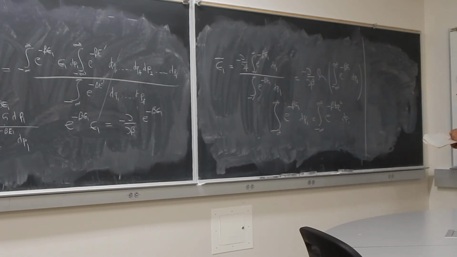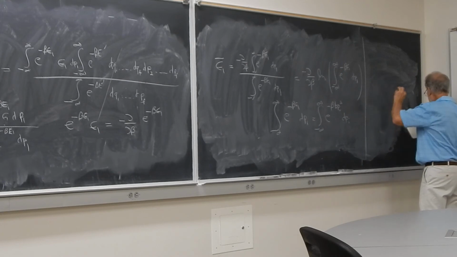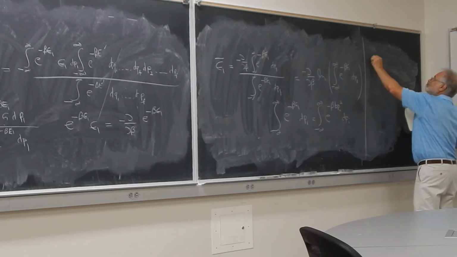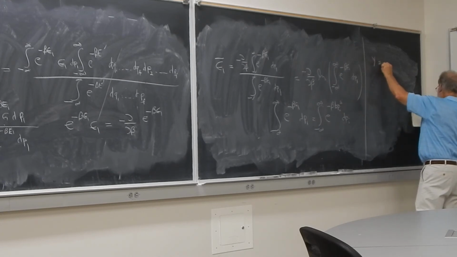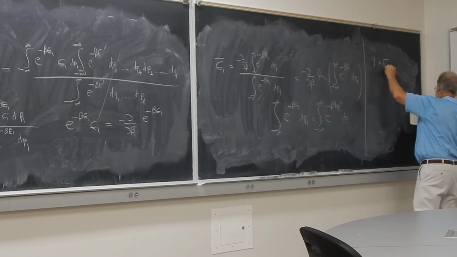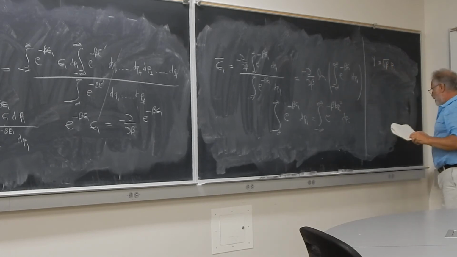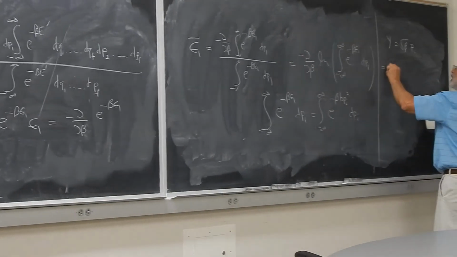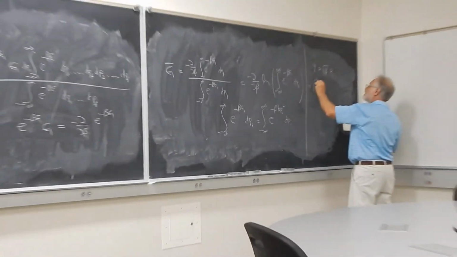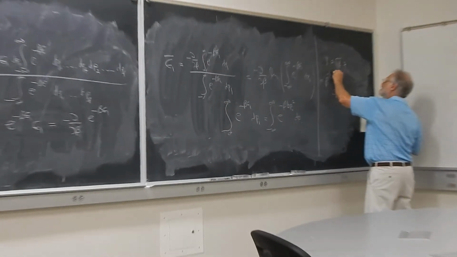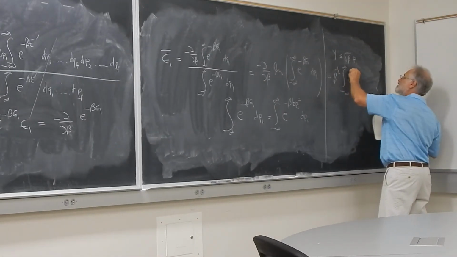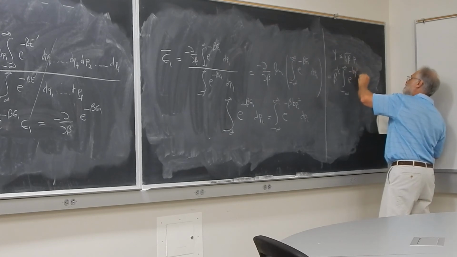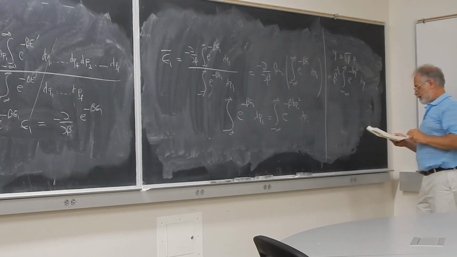Almost there. What I can say then, let's let y be defined as the square root of beta times p sub i. Watch what happens. My integral becomes beta to the minus 1/2, integral from minus infinity to infinity of e to the minus b y squared dy.